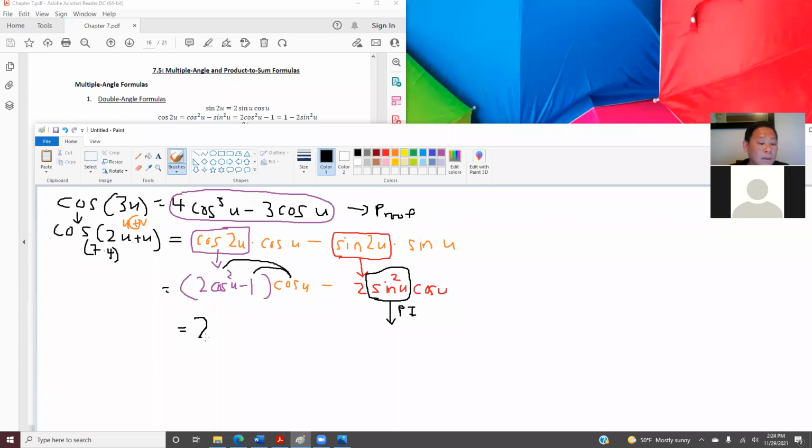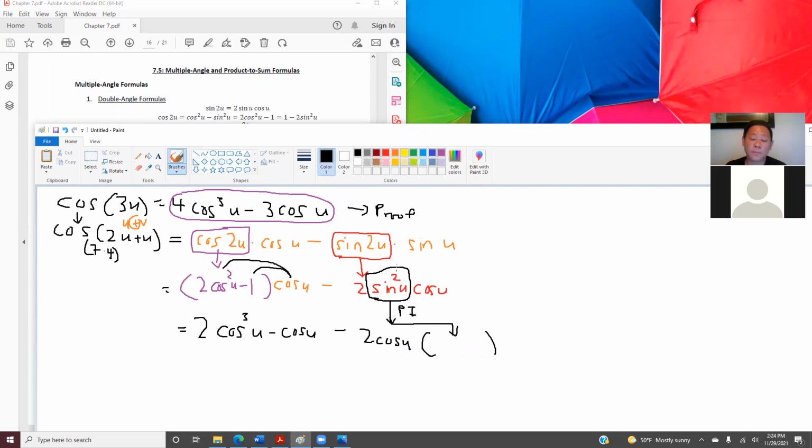You will get 2 cosine 3u minus cosine u, just 1 times it, minus this one we will have 2 cosine u here. And what is the Pythagorean identity that we have here?